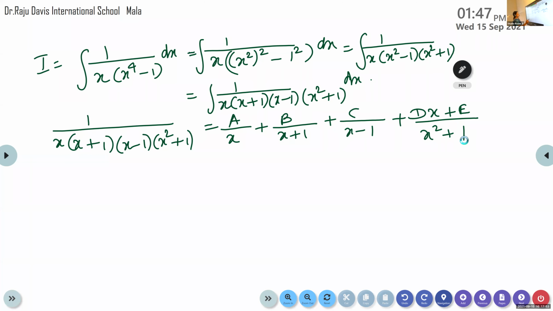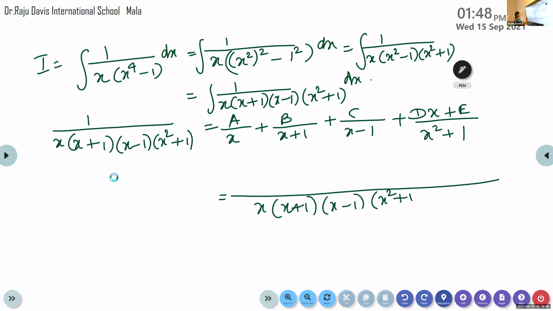So what we can do? Here we take the LCM: x into x plus 1 into x minus 1 into x square plus 1. Like what we do with the numbers, method is same. Like 1 into 1 by x into x plus 1, x minus 1, x square plus 1. So with a, we have to multiply only with a, we have only x, so we will be multiplying with all the other terms.